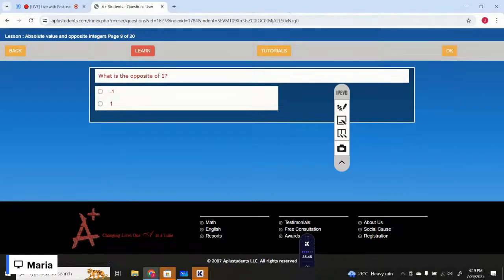What is the opposite of 1? Opposite of 1 is negative 1. Option number 1 is the correct option.